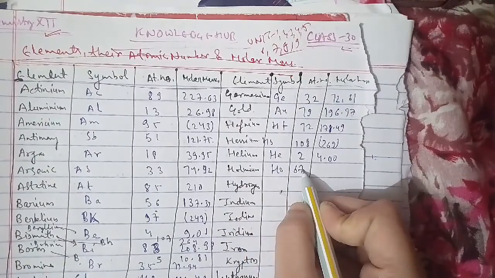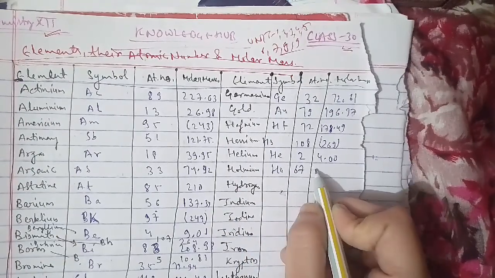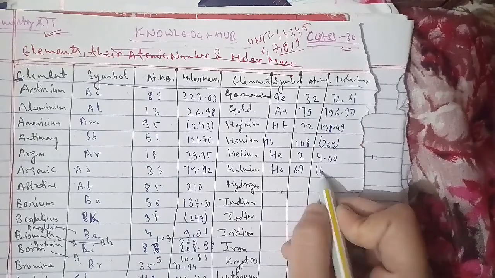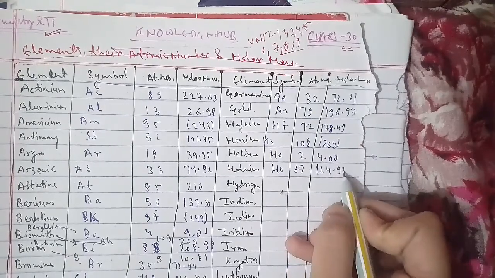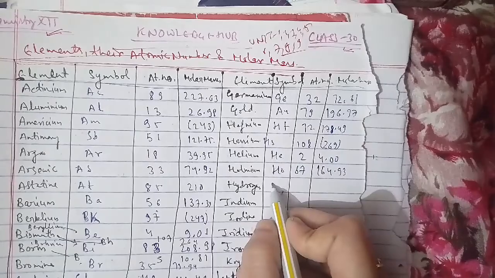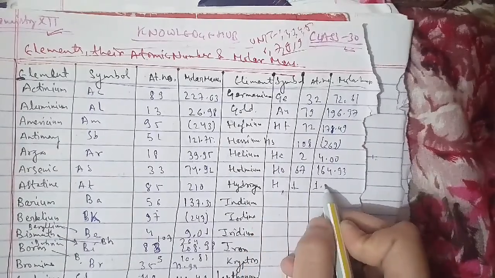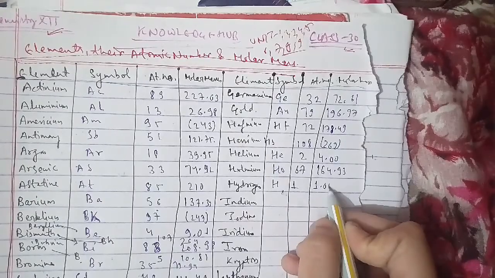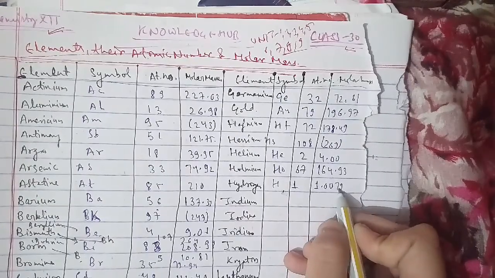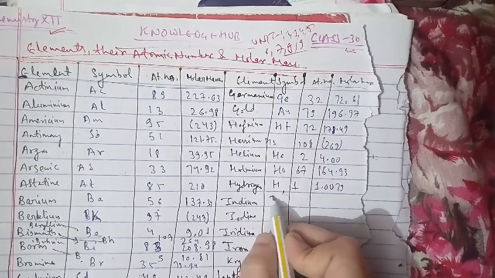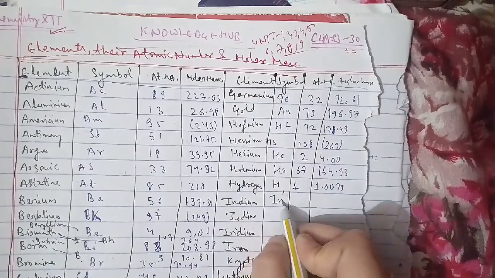83.80. For lanthanum, it is La, atomic number is 57, this is 138.91. For lawrencium, it is Lr, atomic number is 103, this is 262.1.